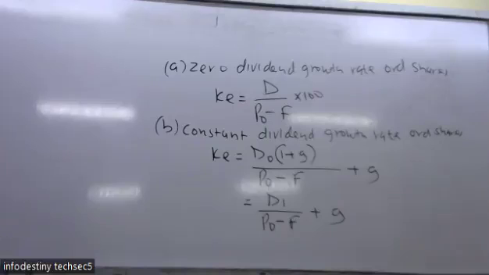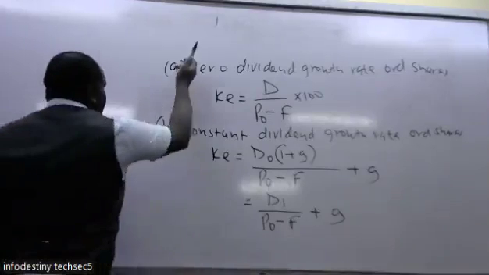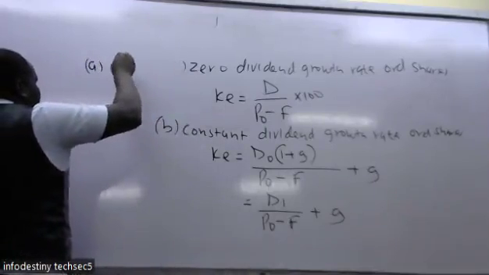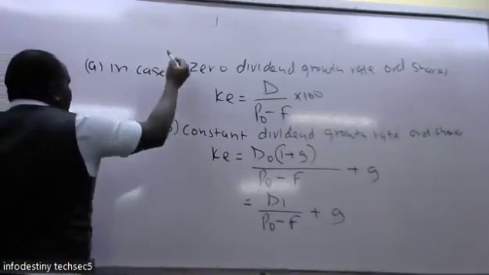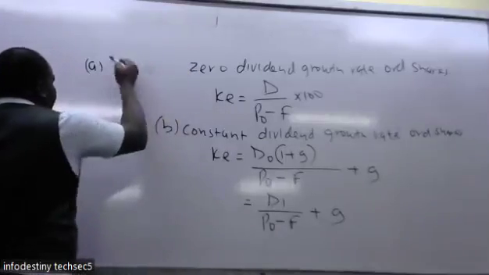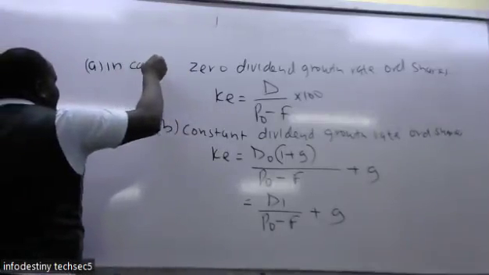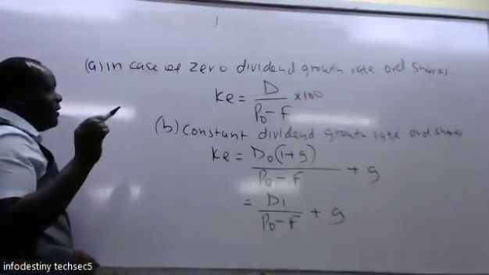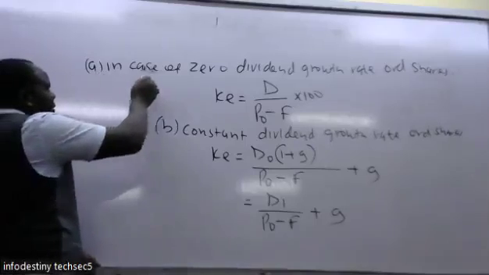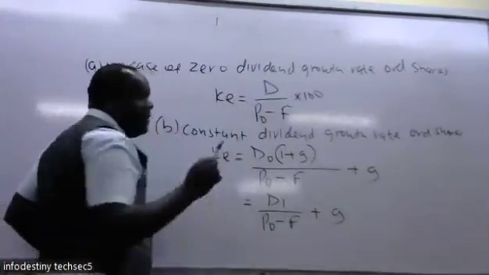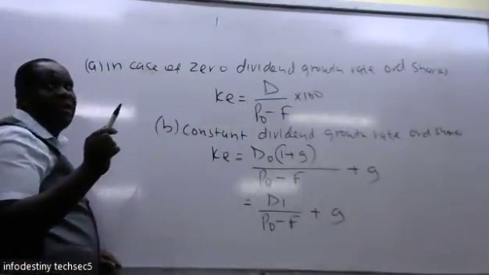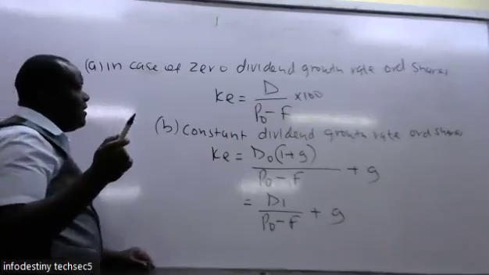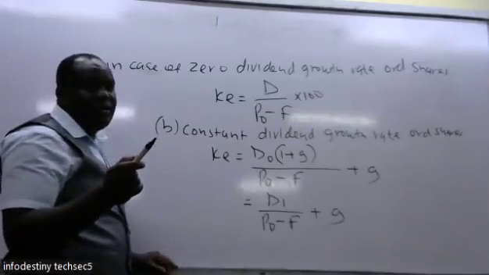So we start afresh, we start with the A. We can have down there as F. So A, we can say that in case of zero dividend growth rate ordinary share.